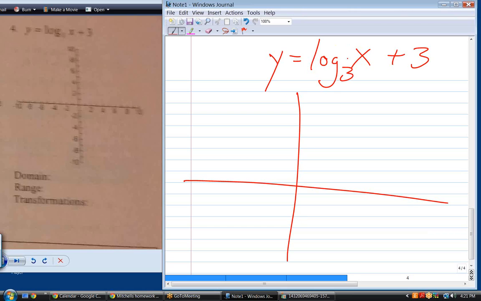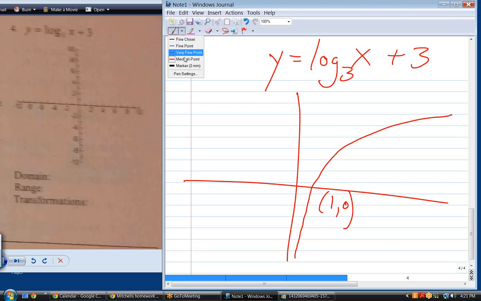And in fact, log functions are very similar to exponential functions. If I draw it like that, you're going to have a hard time telling me whether that's log base 3, log base 2, log base 18, because they're all going to go through this point right here, (1, 0). Now, to transform it up 3, I take that point, (1, 0), and I move it up 3.